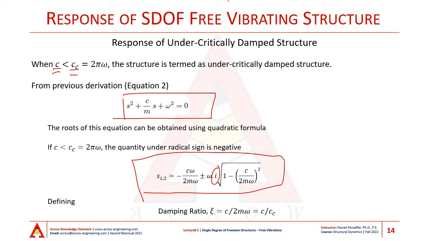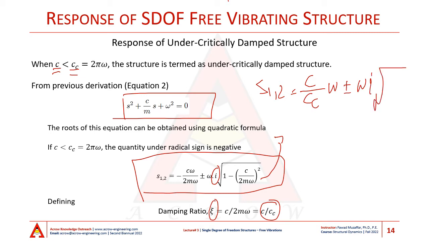If we define the damping ratio to be the ratio between C and Cc, then this equation, which describes our two roots of the constant S, can be easily written as C over Cc into ω plus minus ω i into the square root of 1 minus (C over Cc) squared.